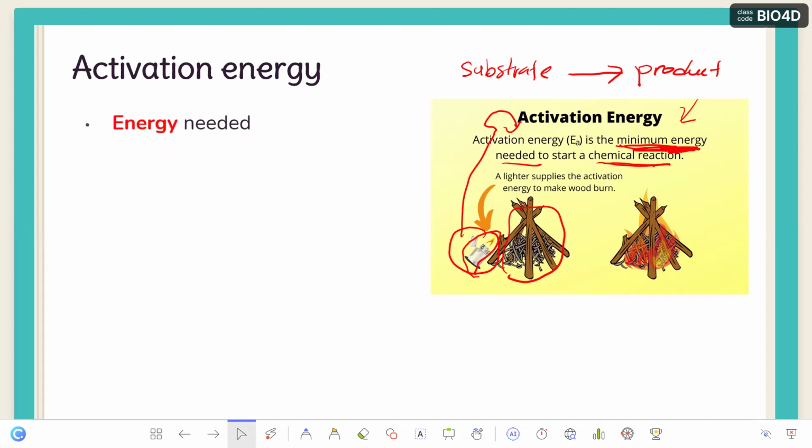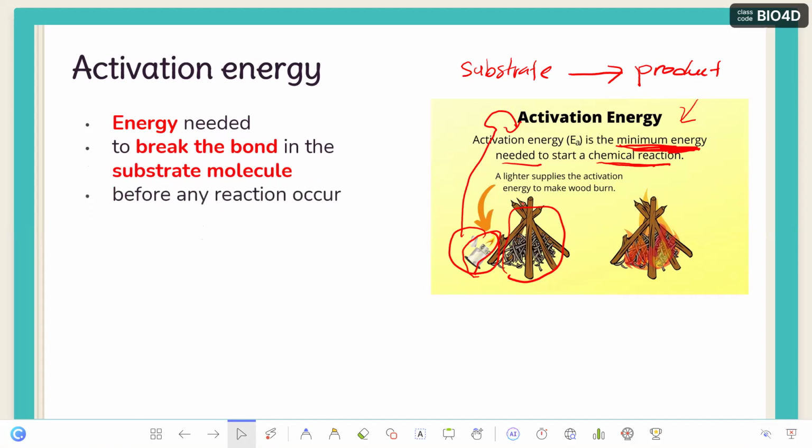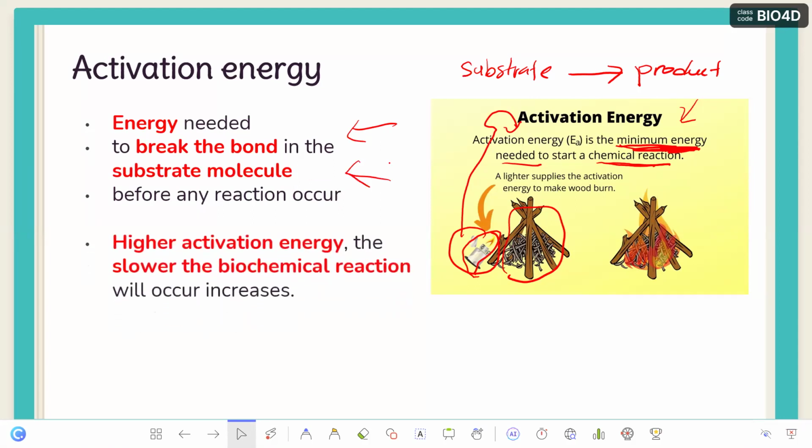So how do you define activation energy? It is the energy needed to break the bonds in the substrate before any reaction occurs. This is the definition in the textbook, so of course, use the definition in the textbook. When a reaction has a very high activation energy, the biochemical reaction is slower.